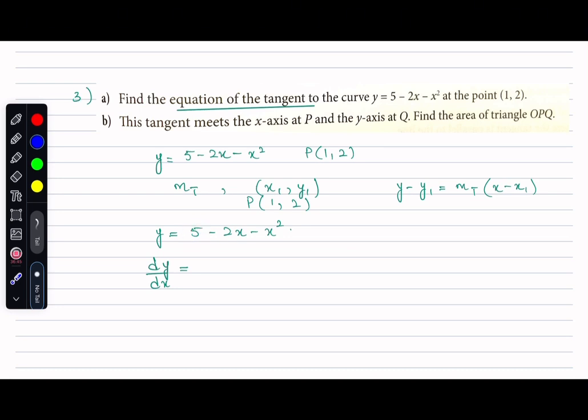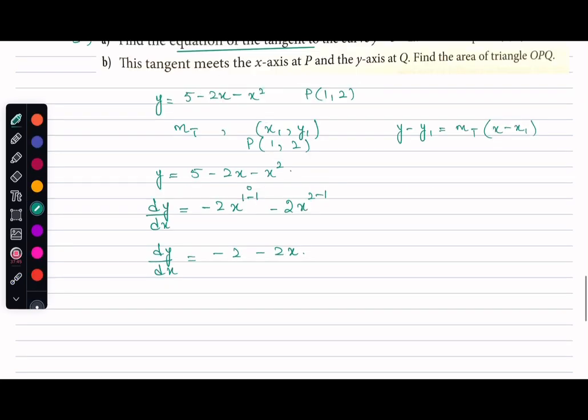Minus 2x: 1 gets multiplied by minus 2, which gives negative 2, and x to the power 0 becomes 1. Then minus x squared gives negative 2 times x to the power 1, as 2 gets reduced by 1, and 2 minus 1 gives 1.